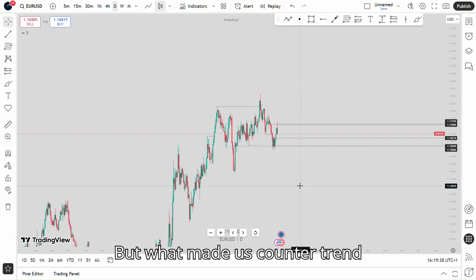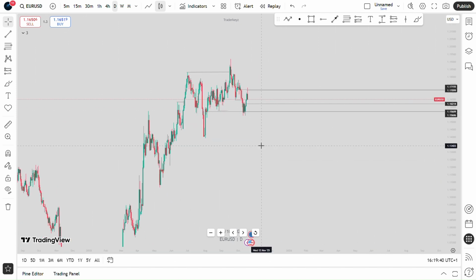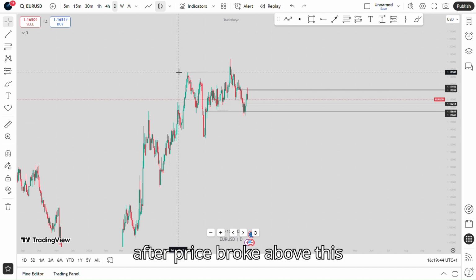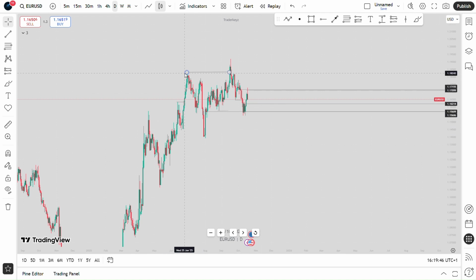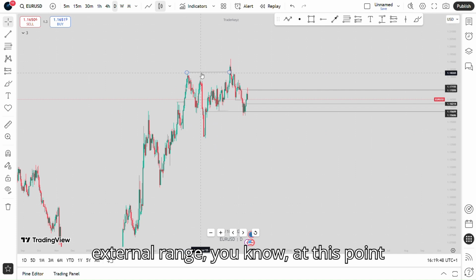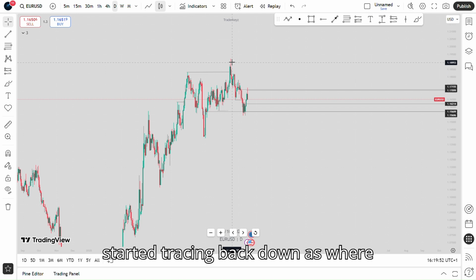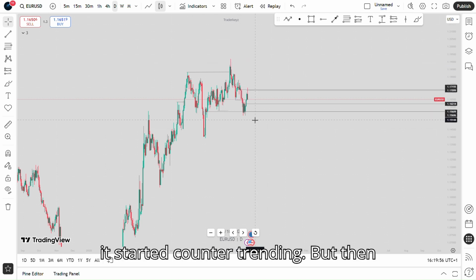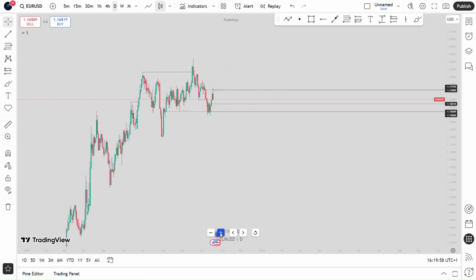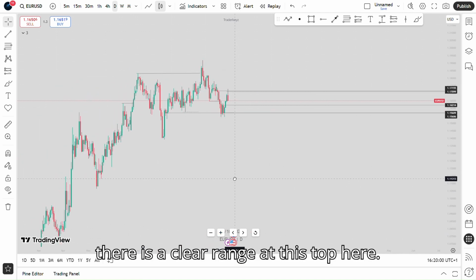But what made us counter trend that Friday was because after price broke above this external range, price started retracing back down as well.